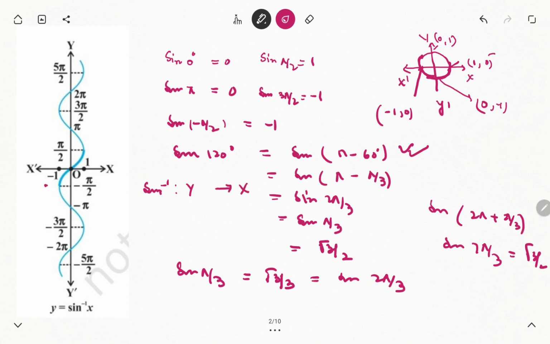Now this will not be the whole set y and x. Sine inverse function, what will be the domain? Closed minus 1 to 1. And what will be x? X will be here minus pi by 2 to pi by 2.